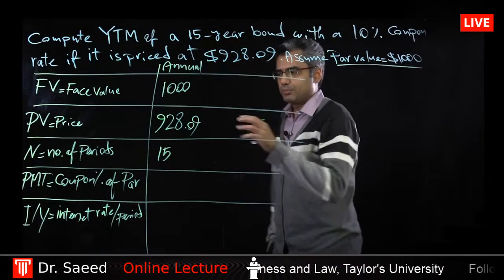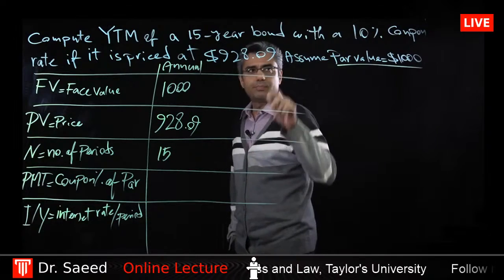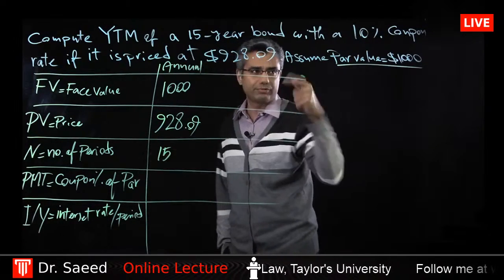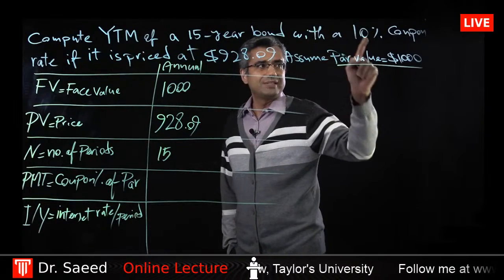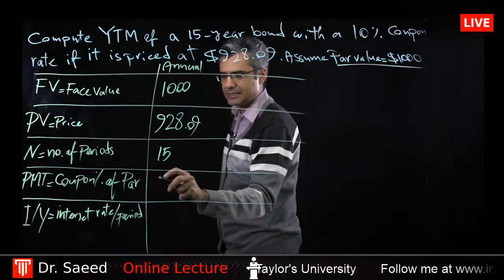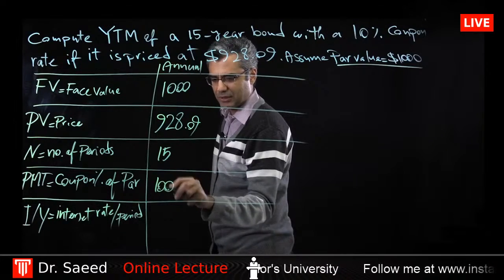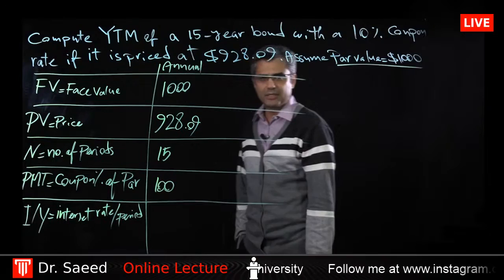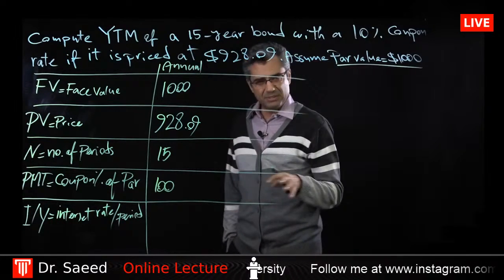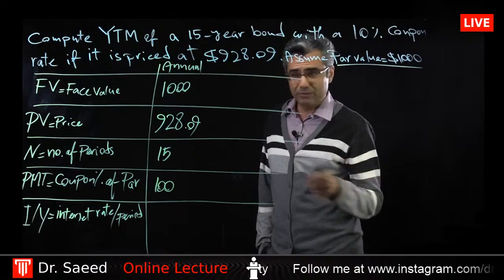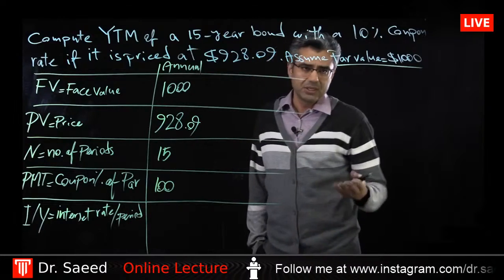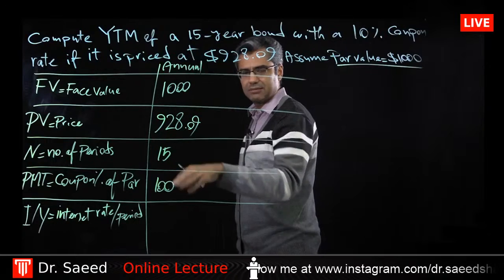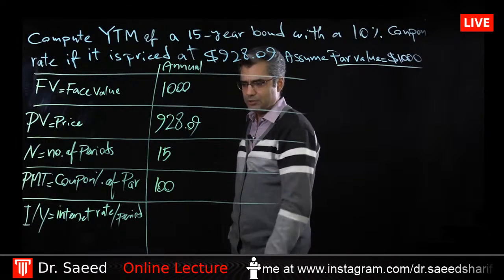PMT is the coupon percentage of par. The coupon rate is 10% of par. Par, or face value, is $1,000, so 10% of $1,000 is $100. Now we want to compute the interest rate. As I said, it's a bit difficult using the formula for computing the interest rate, so you may use the financial calculator. You need to key in this information and then compute the interest rate.